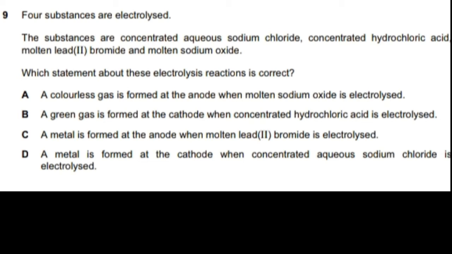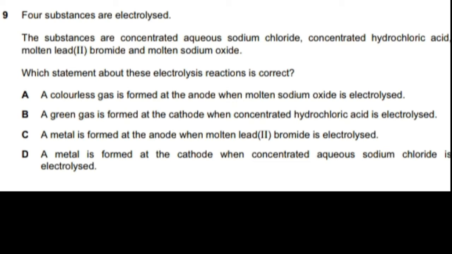Hydrogen is a colorless gas. Oxygen is also a colorless gas. Bromine is a red-brown gas. So for concentrated aqueous sodium chloride, after electrolysis Cl2 gas forms at the anode and H2 gas forms at the cathode.